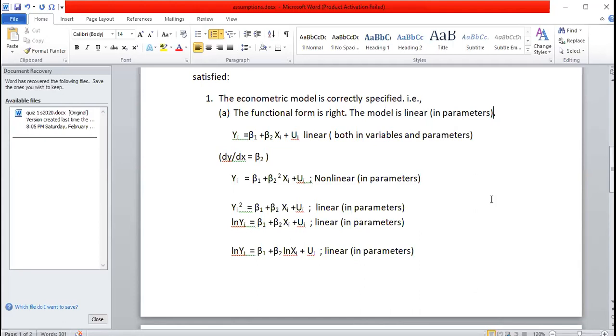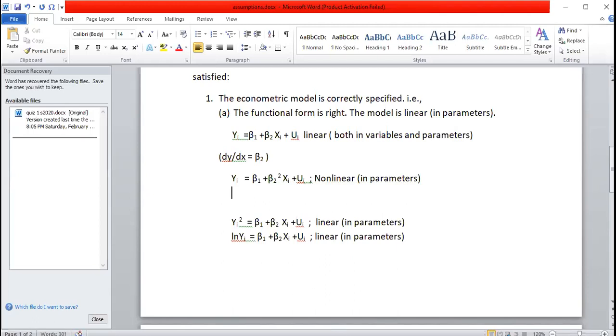For example, if beta 1 is 3 and beta 2 is 9, the total equation is yi equals 3 plus 9 xi plus ui. How is it non-linear?